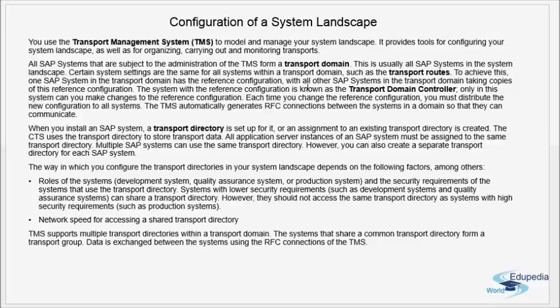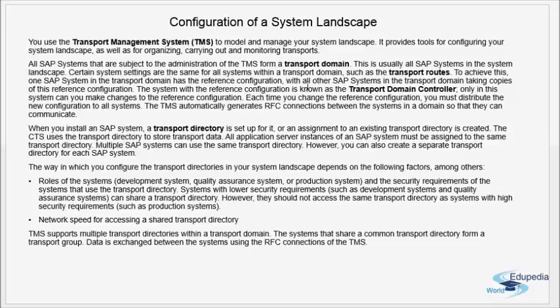It's nothing but all the systems which are in the system landscape. Certain system settings are the same for all systems within a transport domain, such as transport routes. To achieve this, one SAP system in the transport domain has the reference configuration, with all other systems in the transport domain taking copies of this reference configuration.